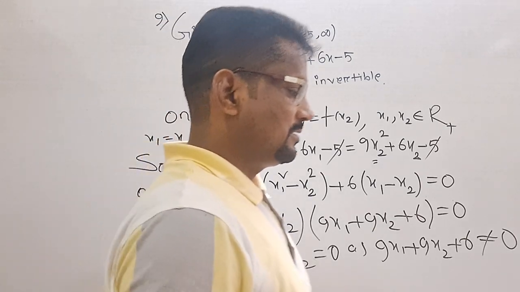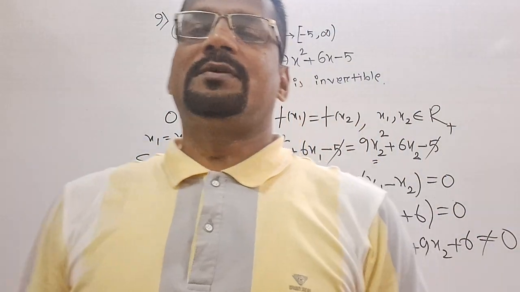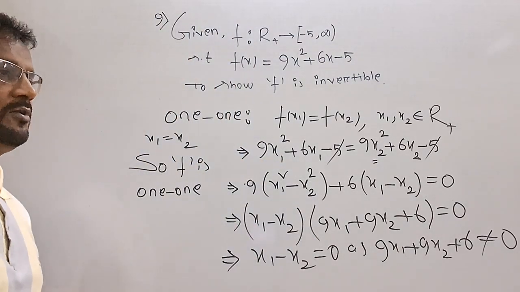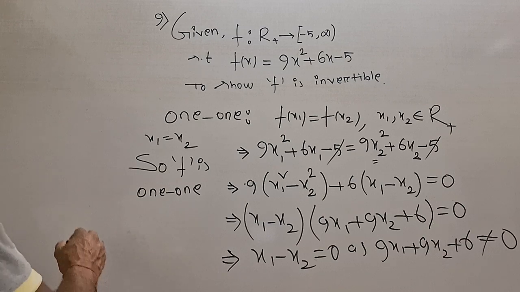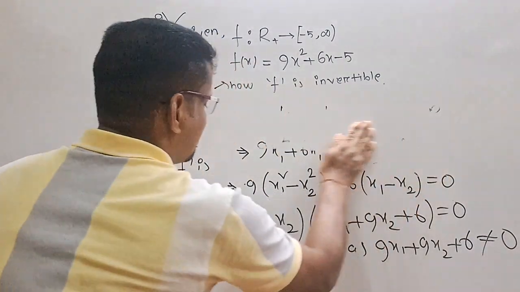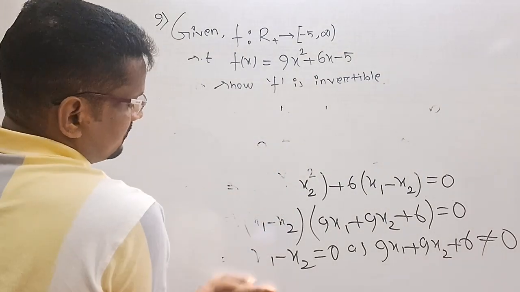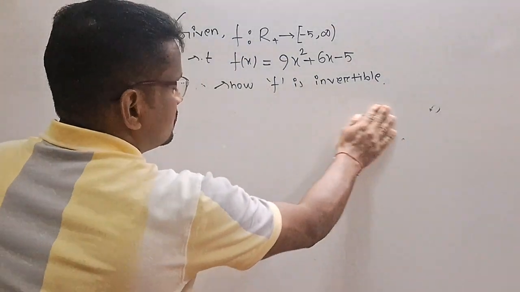So next, what is left? Next you have to show that f is onto. Then f will be bijective and then f inverse exists. Okay, now let us try to show f is onto. In order to prove some function is onto, what to do?